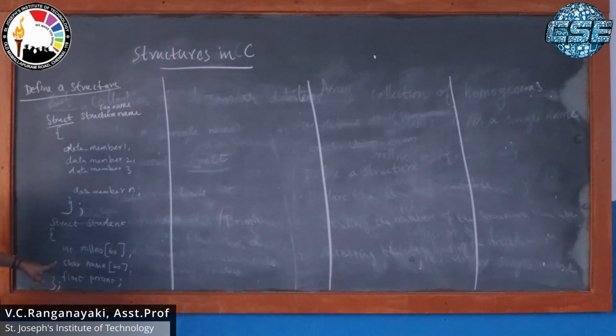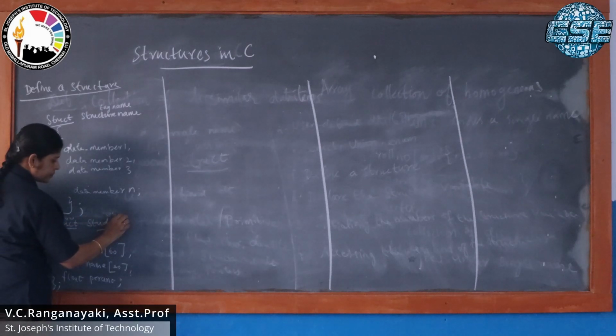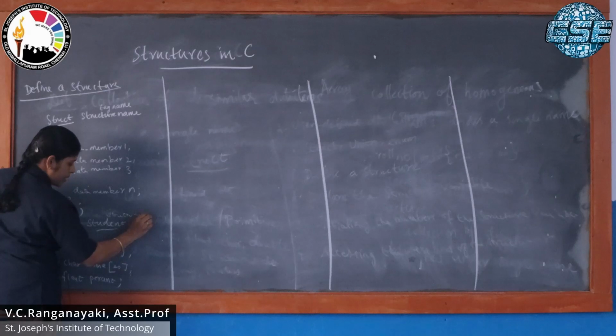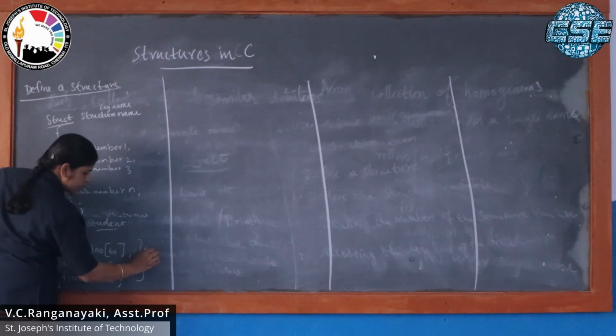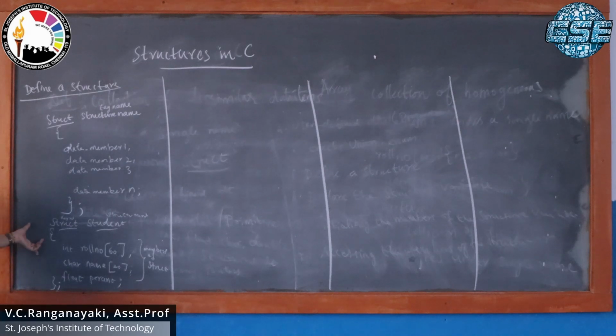This is just a definition of a structure. We define the structure with the help of the keyword struct, this is the structure name, and these are the members of the structure. Up to this we have just defined the structure. The memory will not be allocated to the members. Once we declare a structure variable, the memory will be allocated. So this is the first step, we define the structure.